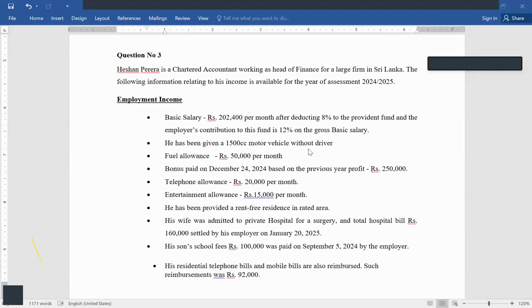With driver, another 10,000 should be added. With fuel, another 20,000 should be added. If you assume motor vehicle plus fuel, then you should consider 20 plus another 20. Or if you assumed it as only motor vehicle, then 20,000. It depends according to your assumption.